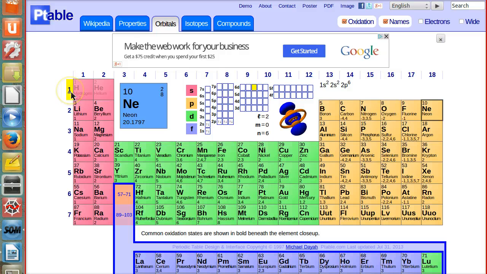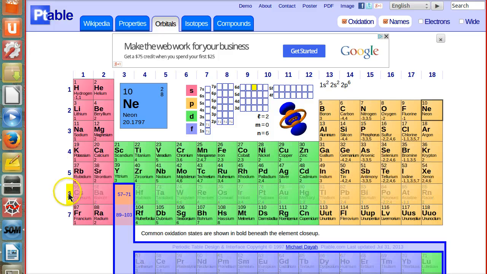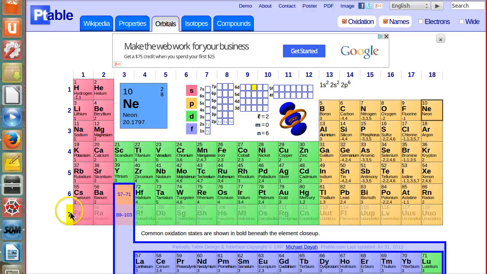Now, one of the things that we've seen is that if we're in row 1, then the outermost shell, the outermost energy level, is 1. In row 2, it's 2. In row 3, it's 3. Row 4, it's 4. In row 5, it's 5. Row 6, it's 6. And row 7, it's 7. And those are these integers right here, 1, 2, 3, 4, 5, 6, 7.